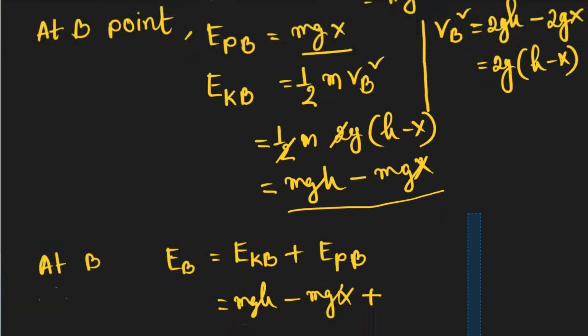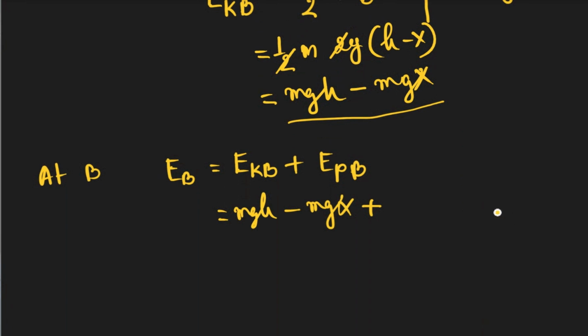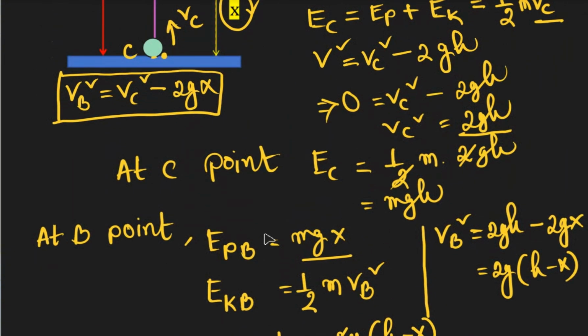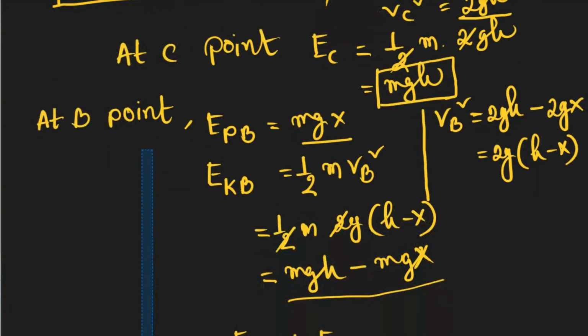The mgx terms cancel out, so the total energy at B point is mgh, which is equal to the total energy at point C as well. So remember, the total energy at C point is the same as at B point.